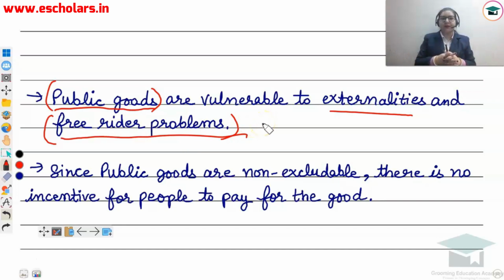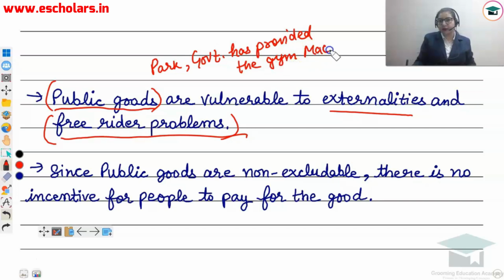Let's suppose in a park the government has made gym machines available. Since these gym machines are available to the people free of cost, they do not need to pay the price for it.